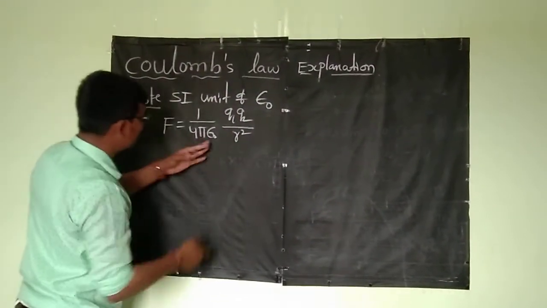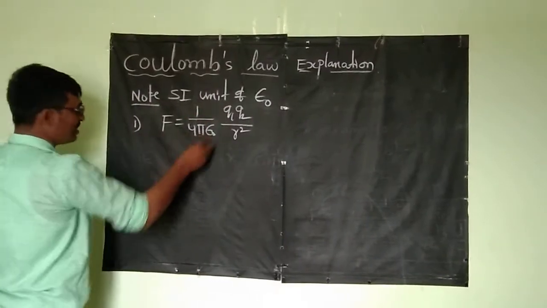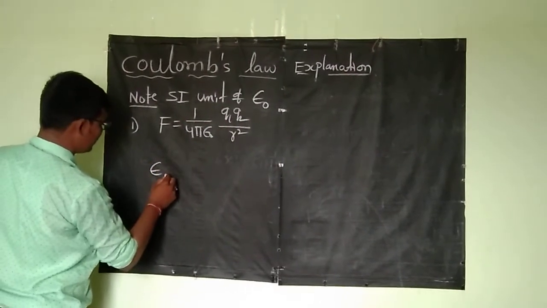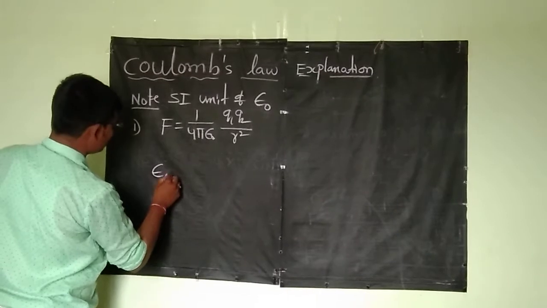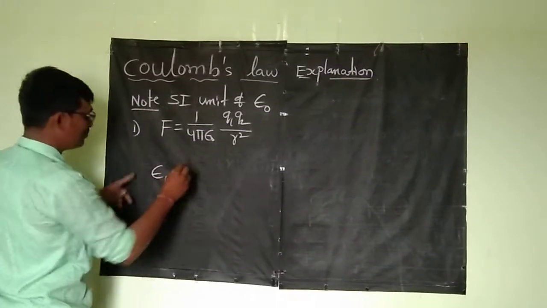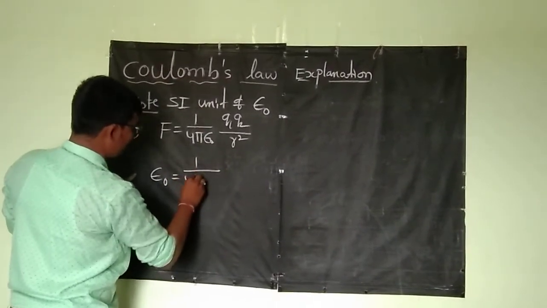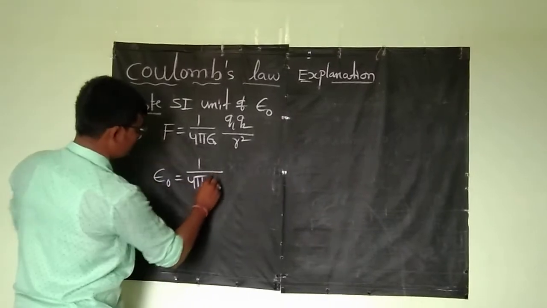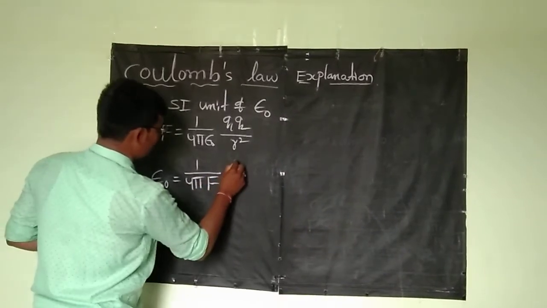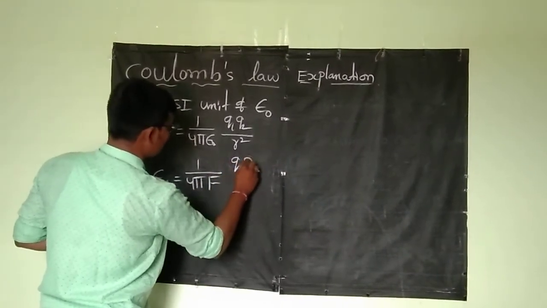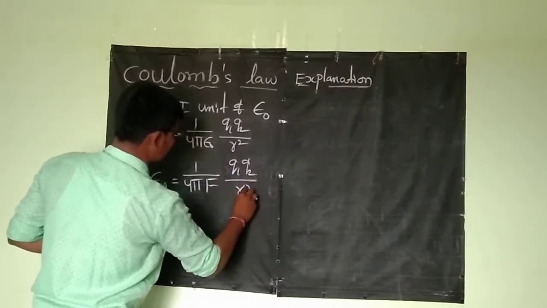Okay, so we are going to find out the SI unit of epsilon naught. Keep epsilon naught on one side: epsilon naught is equal to 1 divided by 4 pi into Q1 Q2 divided by F r square, right?